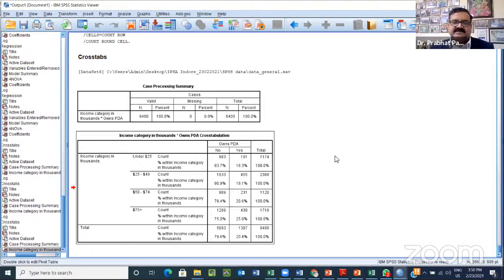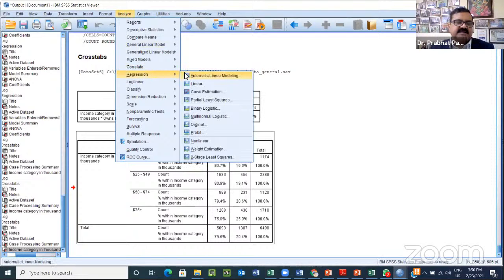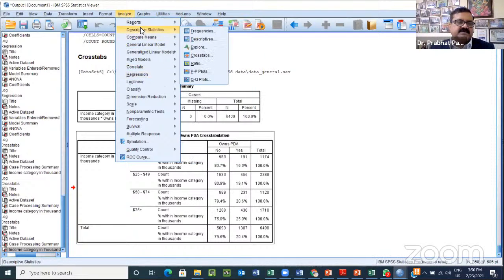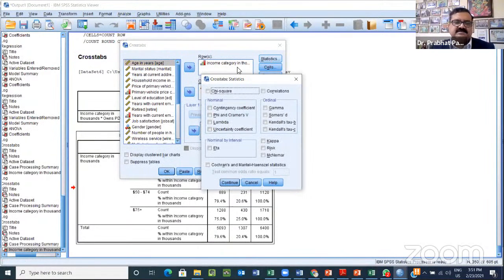So what is the test I should conduct to know the relationship between purchase and income? I cannot go for correlation. I cannot go for regression, right? So all I have to do is to go for the chi-square test, which is a very universal kind of test. We go to descriptive, we go to crosstab, go to statistics, and we check the chi-square. So give us chi-square test.